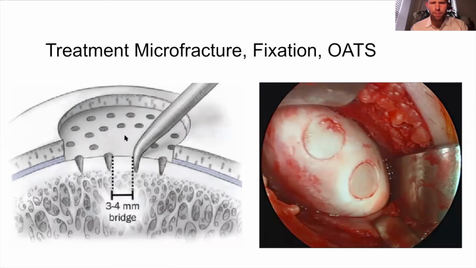What can then happen is that you can create small puncture holes into the subchondral bone, which will stimulate new growth and bleeding in the area, hopefully creating an articular surface, thereby preventing the need for further surgical intervention.